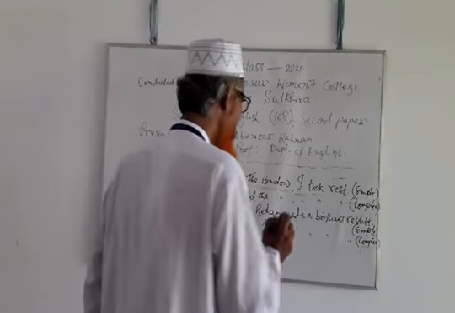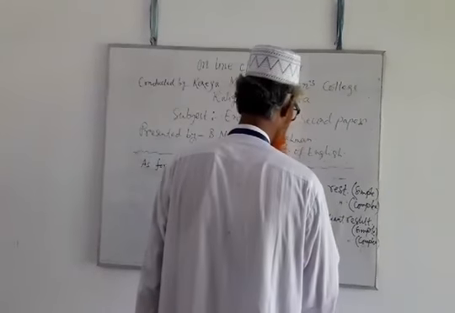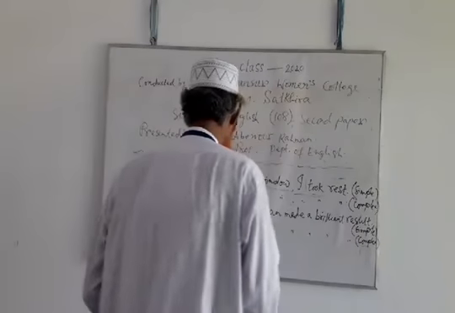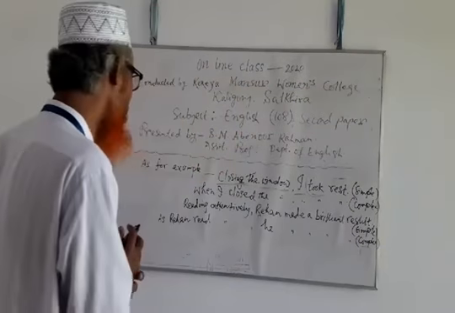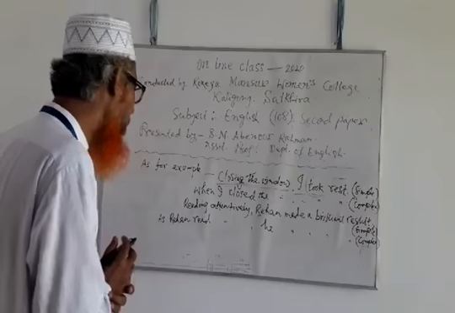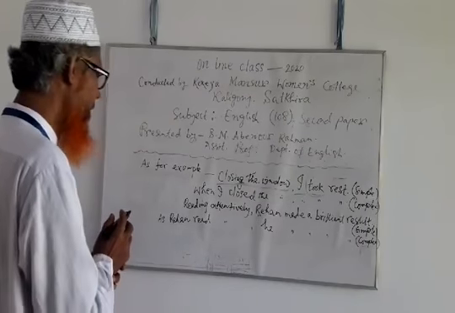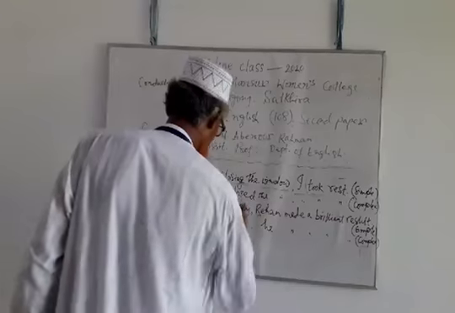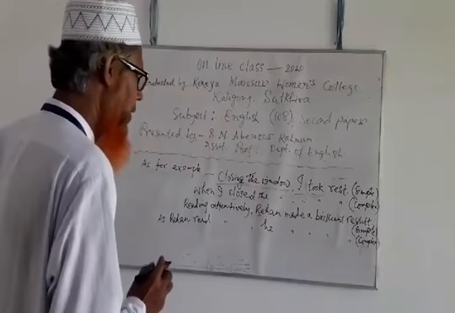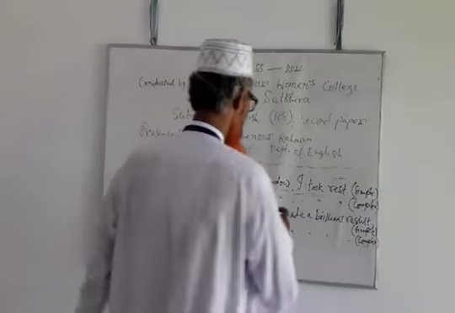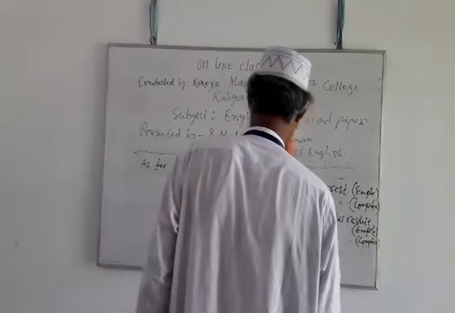Because here in the simple sentence, in the main part, the finite verb is in the past form. So we have to make the verb closed. That is, we will have to turn it into the past form, closed. So the complex sentence is: when I closed the window, I took rest.